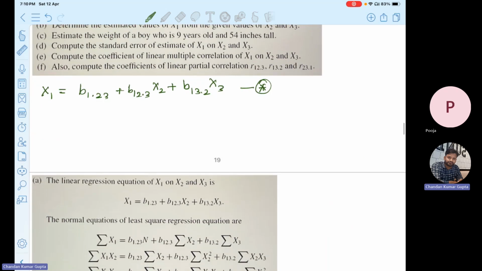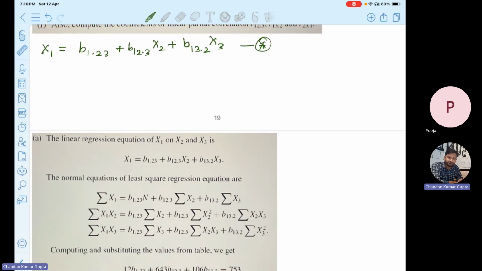The first one is the summation of x1, and the summation of b 1.23, and b 12.3 summation x2 and so on. Then we multiply by x2 in equation star, then the summation of x1 x2 is there, b1.23 into summation of x2.